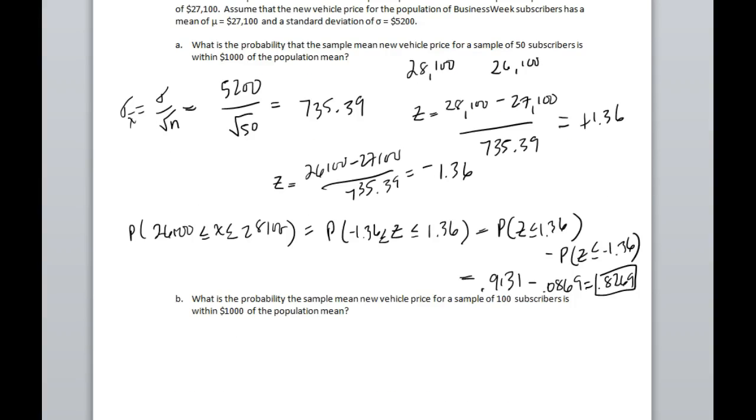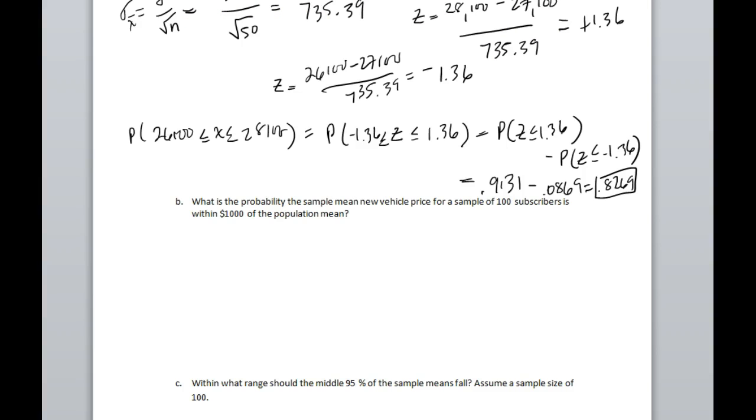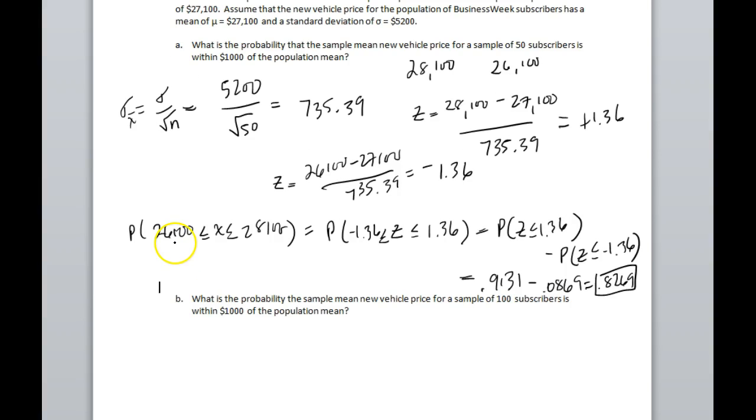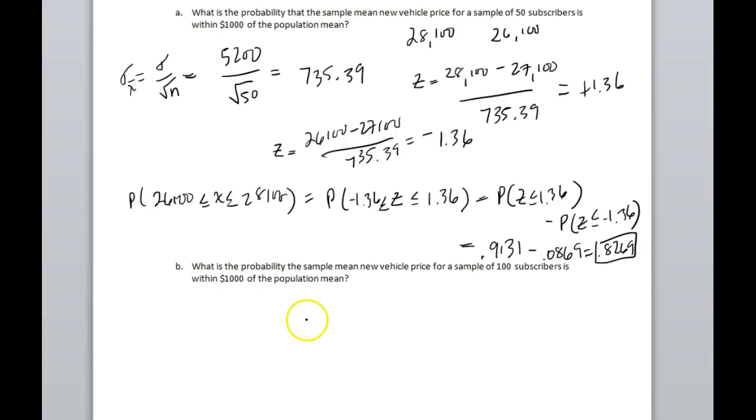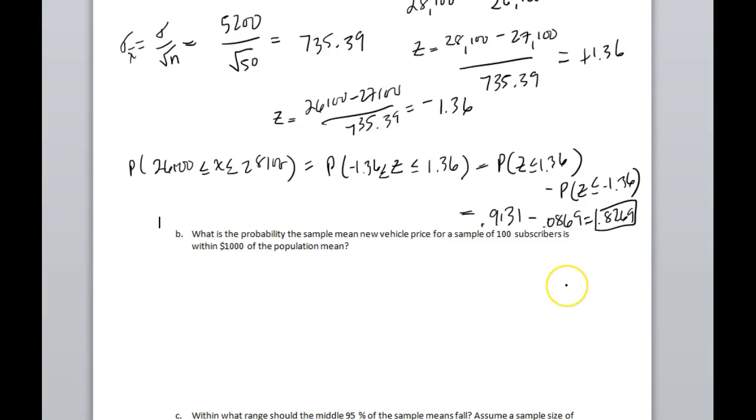Moving on to B, what is the probability that the new sample mean price for a sample of 100 subscribers is within 1,000 of the population mean? So this is essentially the same problem, except that we're upping the number of subscribers. So we're changing the n value. So I'm just going to do what makes this problem different.